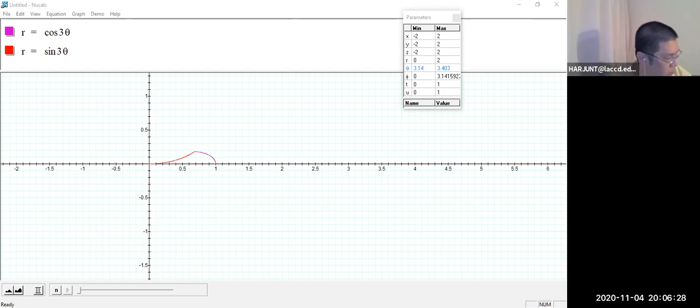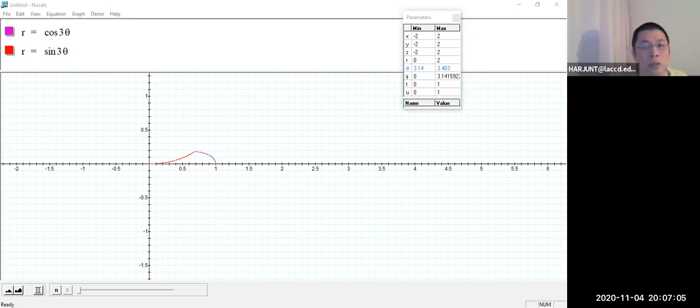Find the formula for the area of the surface generated by rotating the polar curve r about the line theta equals pi over 2. So I have this, and then I have the line theta equals pi over 2.